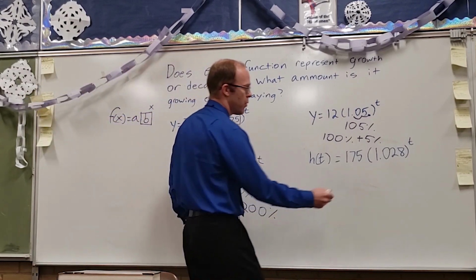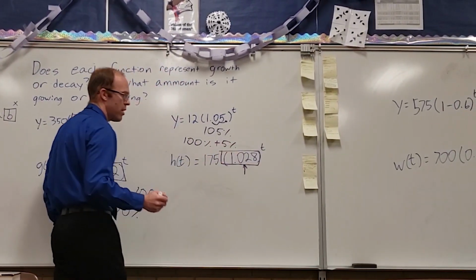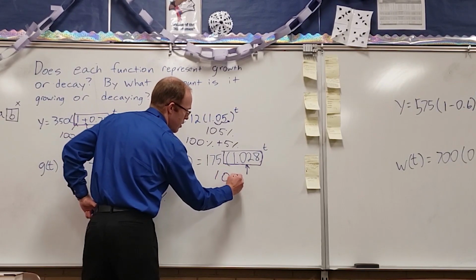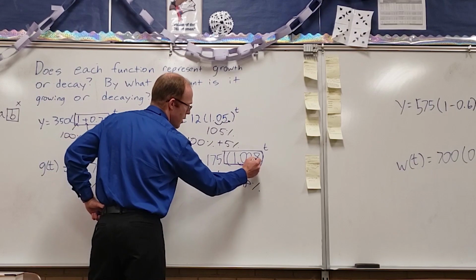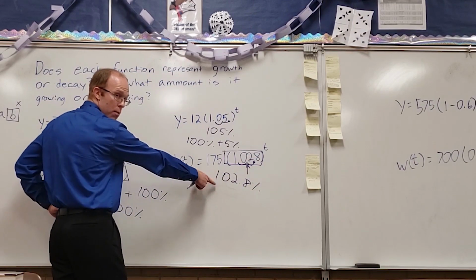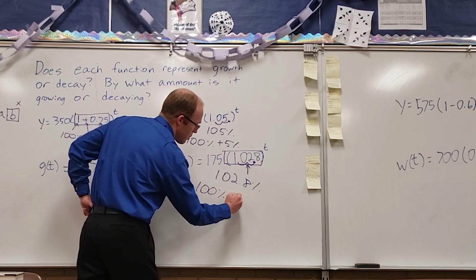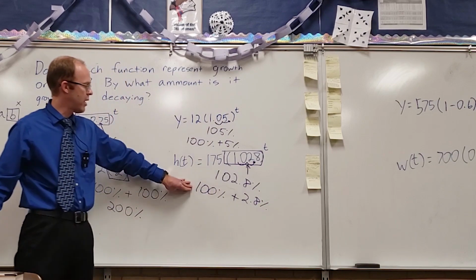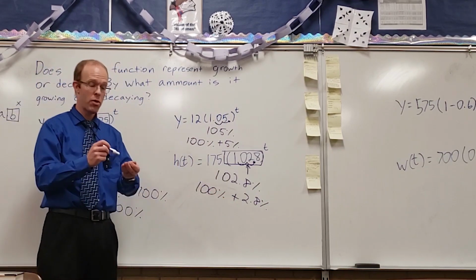And this last one right here, this decimal represented in percent form is 102.8%. Move that decimal over once, twice to get 102.8%. That would be 100% plus 2.8%. So this one again is growth because we are adding by 2.8%.